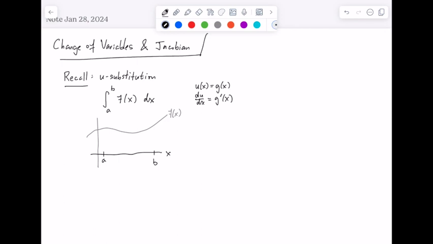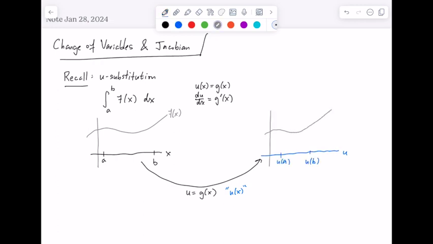When we're setting u to be a function of x, we can think of the function u as a mapping from the interval a to b along the x-axis into a new interval in, say, the u-axis. So we now have a completely different space, a different real line that we're going to denote by u.